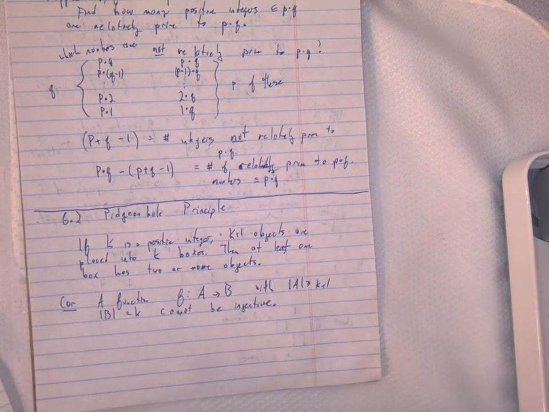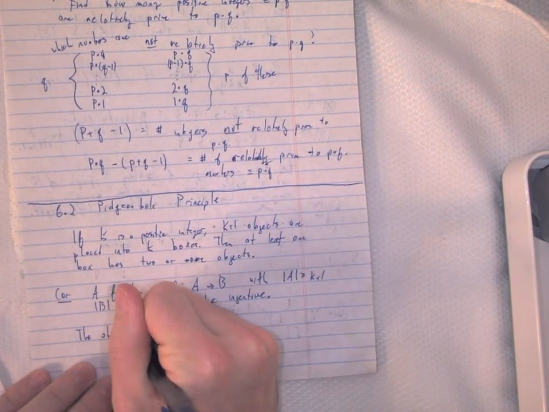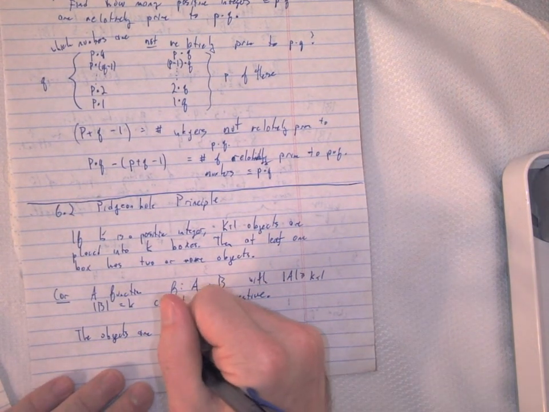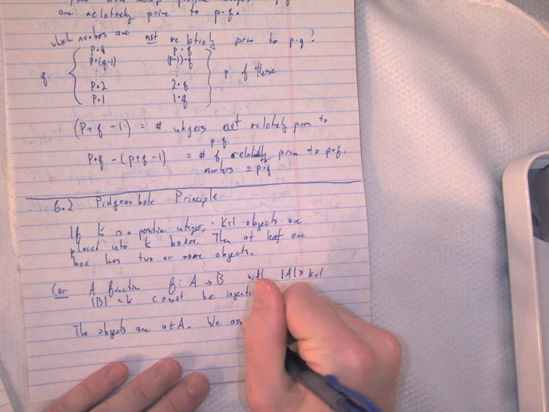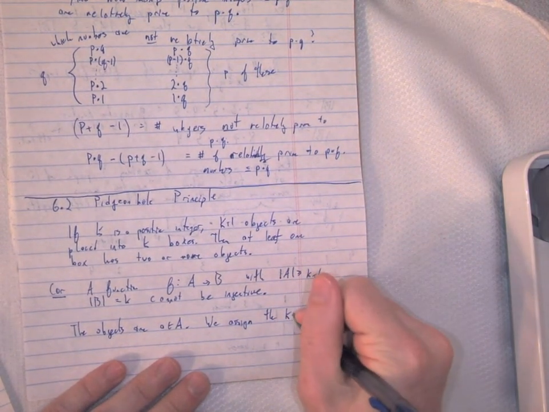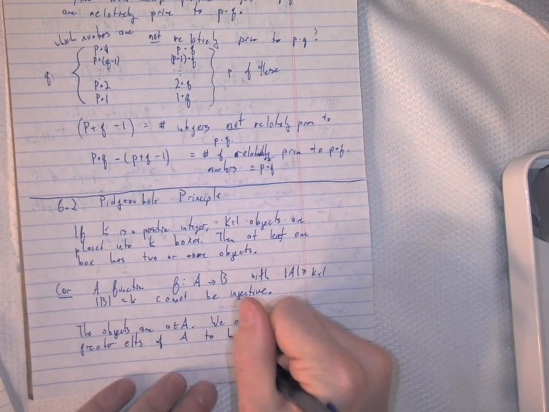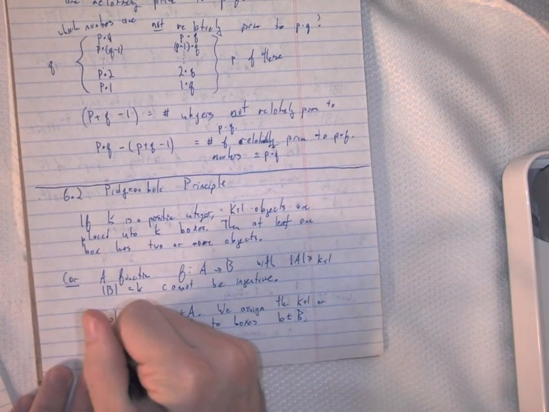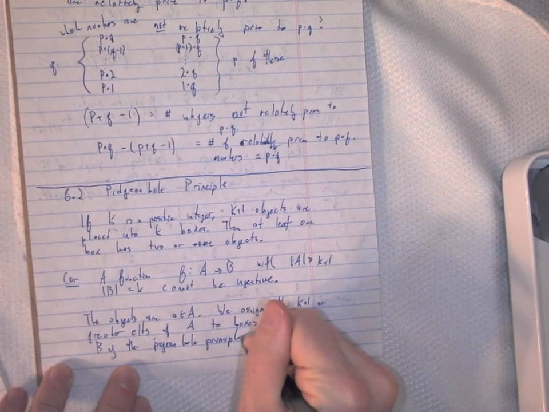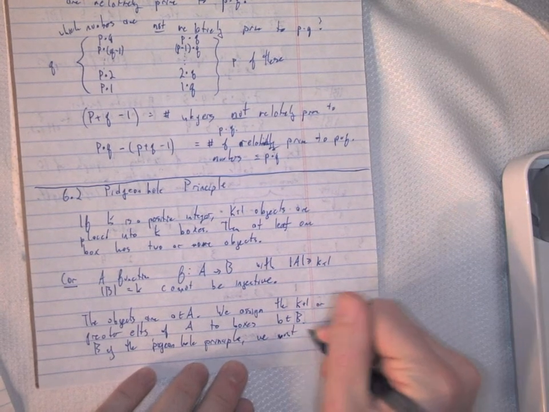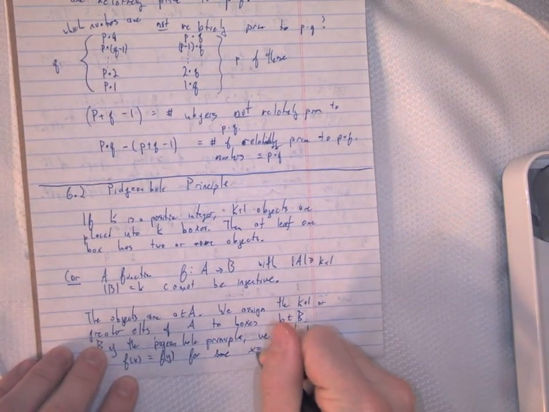So what should I say here? The objects are elements of A. We assign the k plus 1 or greater elements of A to boxes in B. By the pigeonhole principle, we must have f of x equal to f of y for some x not equal to y.